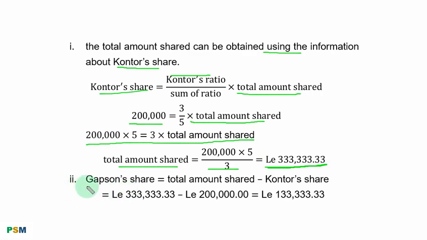Roman figure 2, Gibson's share is equal to total amount shared minus Konto's share. That is this total amount minus Konto's share, and you have Gibson's share.